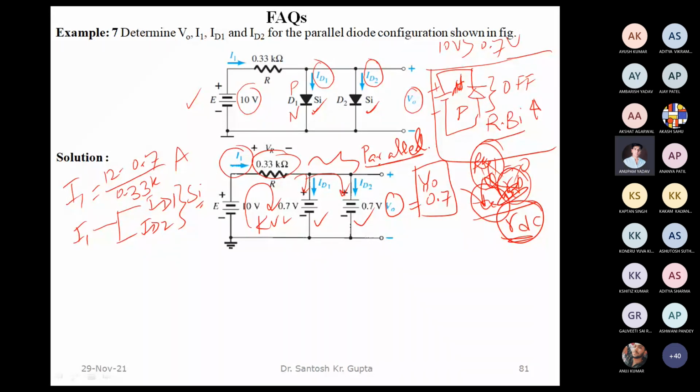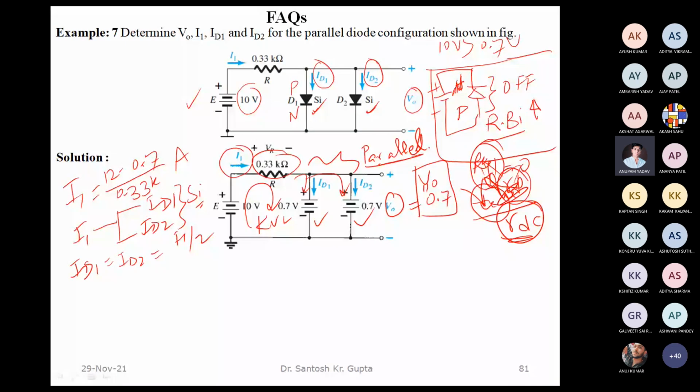So ID1 is equal to ID2 in this case, and it will be equal to I1 upon 2. In this way one can find out the voltages and currents through this circuit.